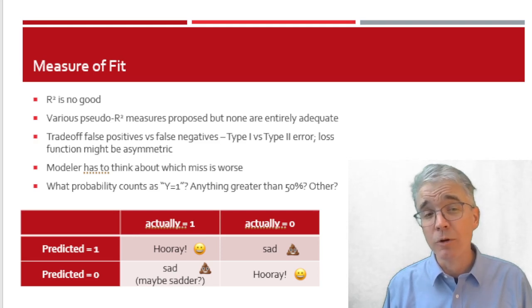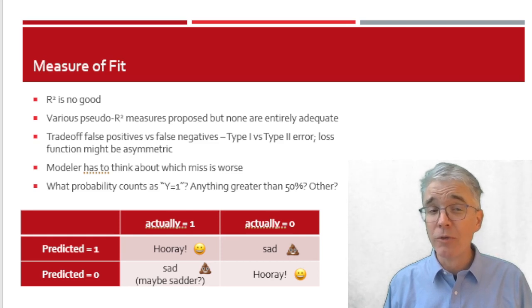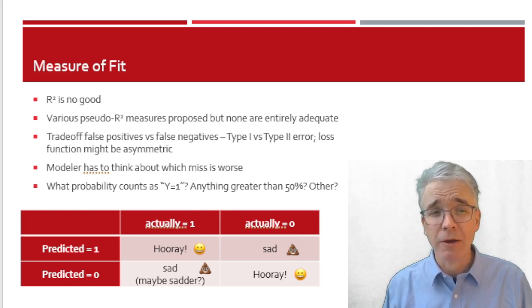Is it worse to predict yes when the true value is no, or to predict no when the true value is yes? You remember we used the terminology of false negative or false positive, type 1 versus type 2 errors. Yes, statisticians are really exciting people with fascinating names for these things.